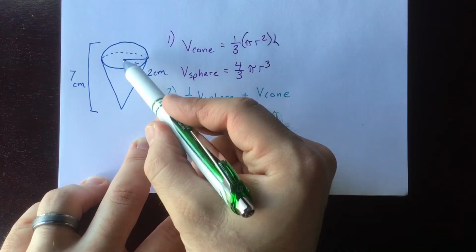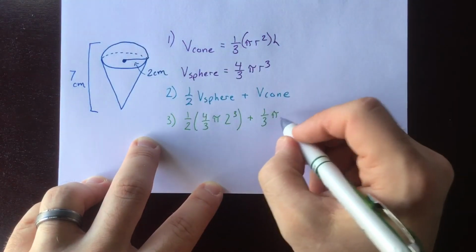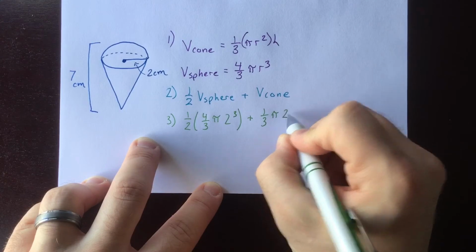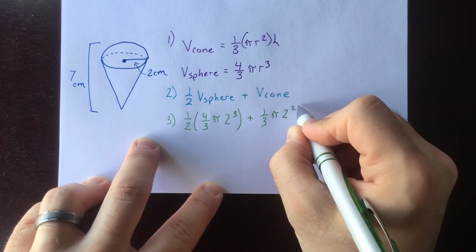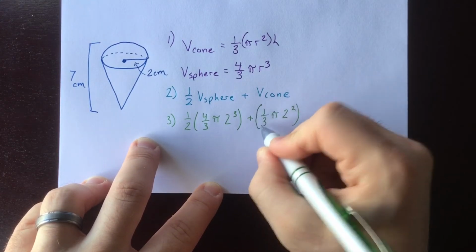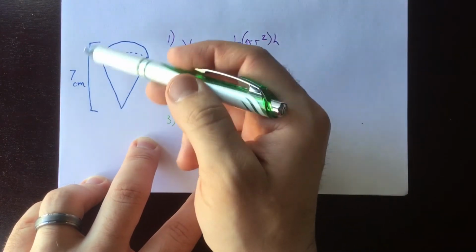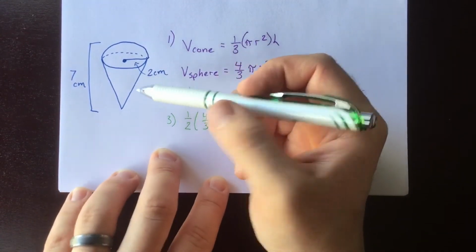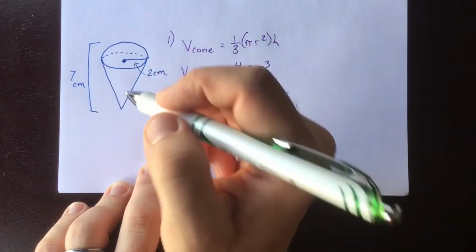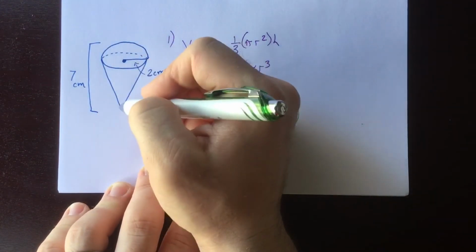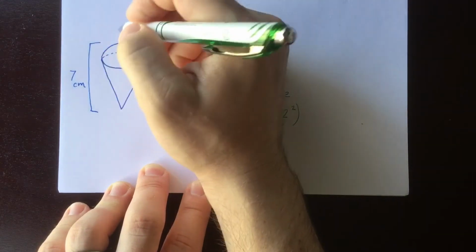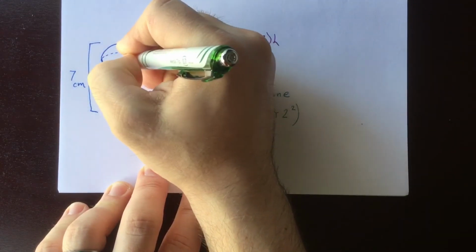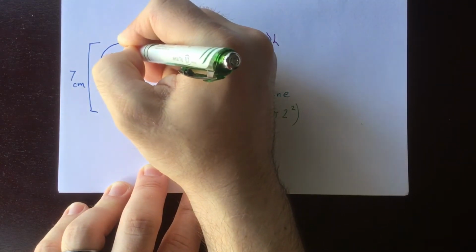The radius of the cone is the same radius as the sphere, so again that's 2 squared, and multiplied by the height. According to this, the total height is 7. So that's not the height of the cone. So how am I going to find the height of my cone if the whole thing's 7? Well, this 2, that's the same distance here as well.